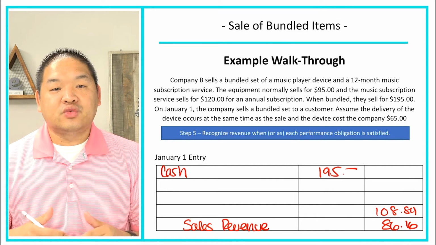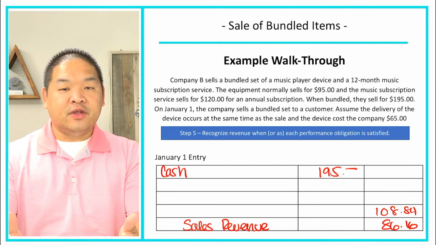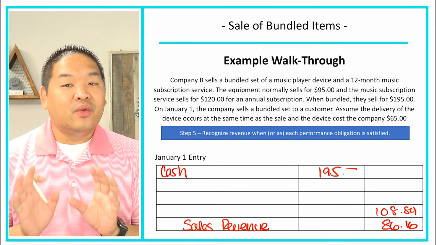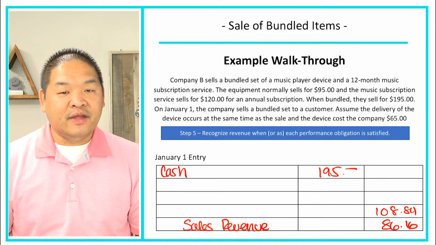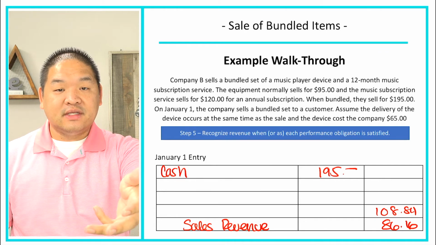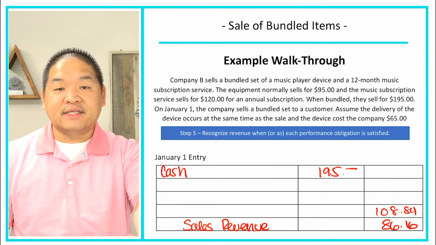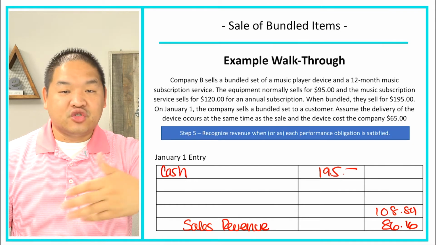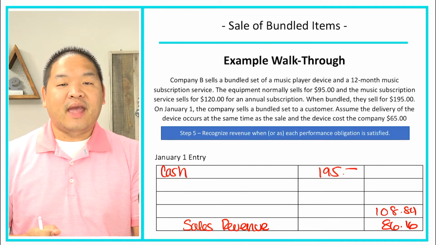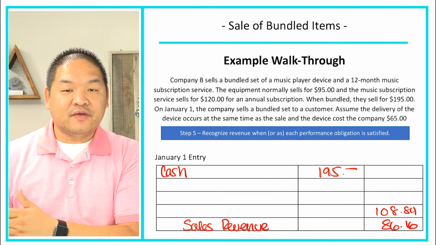So we are going to defer the revenue until we've actually earned it. We have earned the money from the sale of the music device because we've given it to the customer. If the customer has it, the sale is complete, the transaction is complete. But the service, we earn money every single day they use that service through the year.